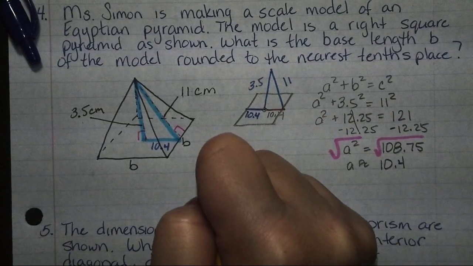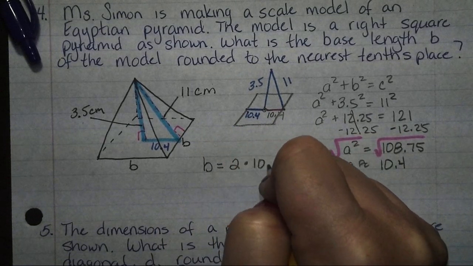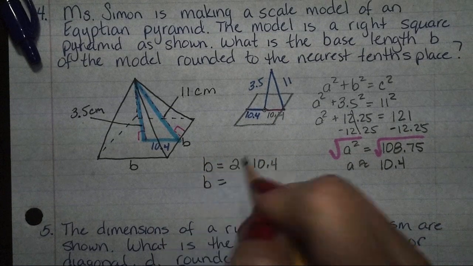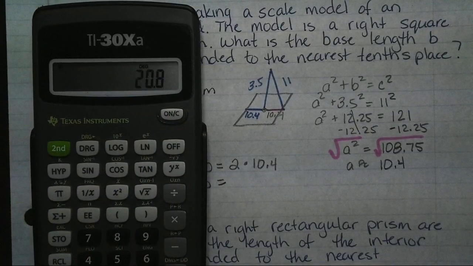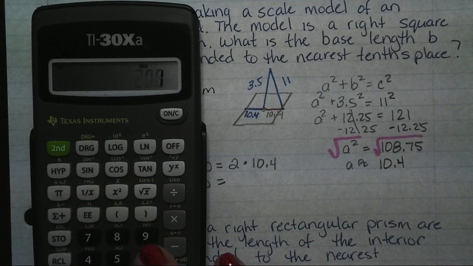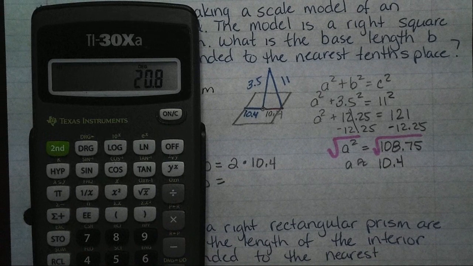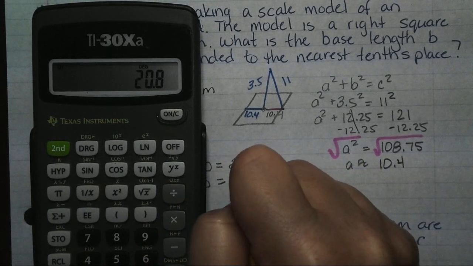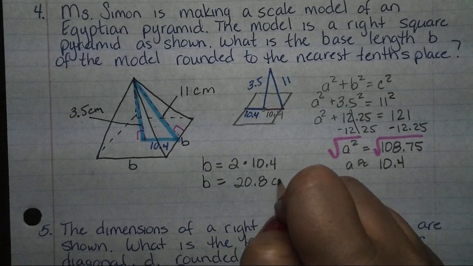So you could say B is equal to 2 times 10.4, which would be, so if we take 10.4, multiply by 2, we get 20.8. If it makes you feel better, 10.4 plus 10.4 also gives you 20.8. So either way works for you. And that would be centimeters.